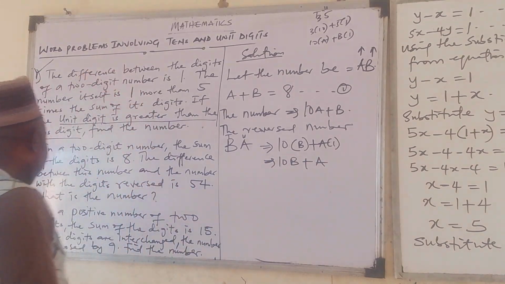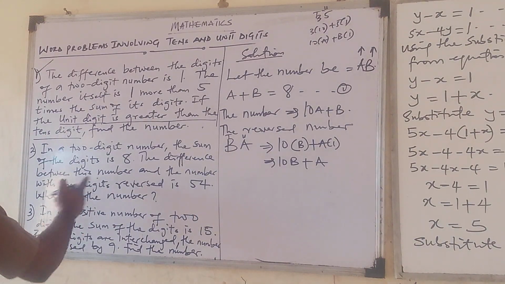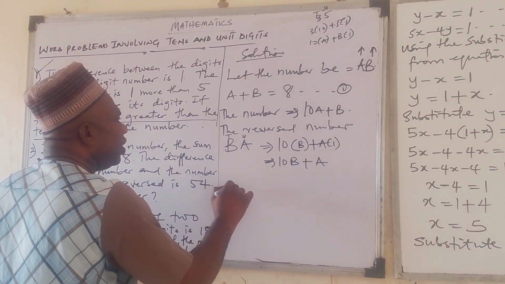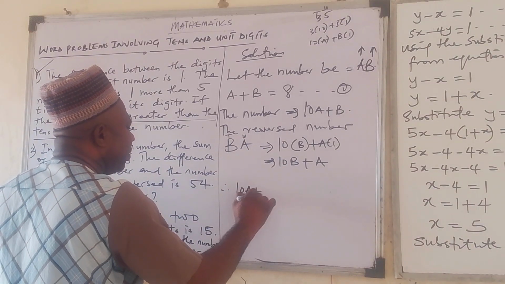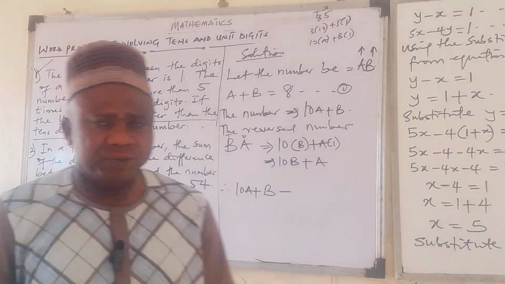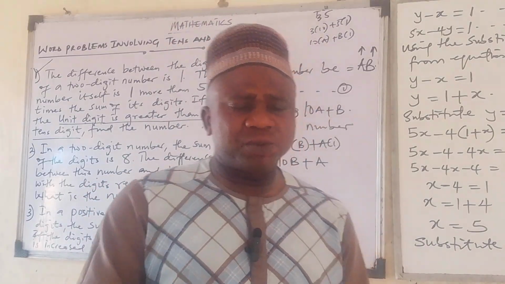Now let's look at what they said here. They said the difference between this number, that is 10A plus B, minus. Remember I told us from inception that difference in mathematics means subtraction.